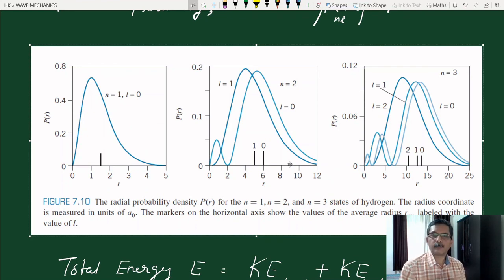So how do we explain that in a particular angular momentum state, the probability for the electron to be found close to the nucleus is also high, and away from the nucleus is also high? In order to understand that, we can look at the shape of the orbit, how the shape of the orbit varies with angular momentum.